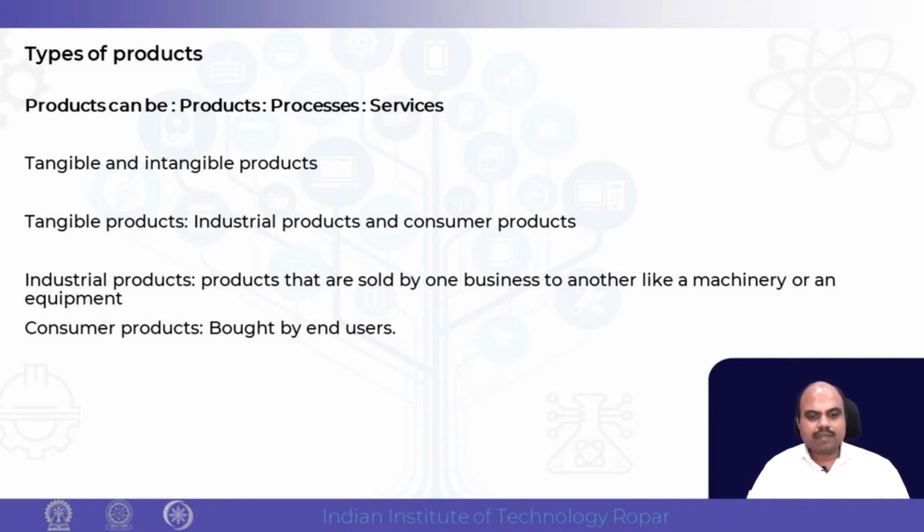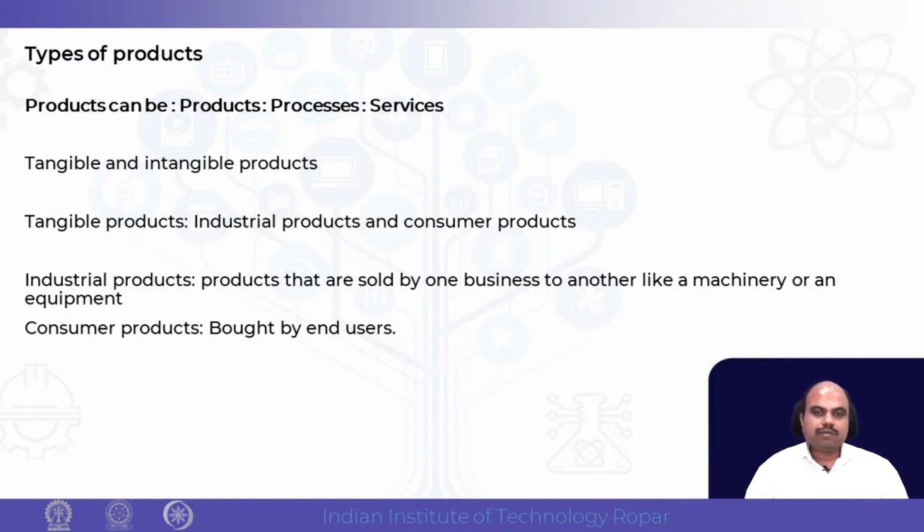And the tangible products again can be divided into two types. One is industrial products. Industrial products are the products which are sold from one industry to another industry. And the other is consumer products, which are purchased by the user. Take for example this shirt.